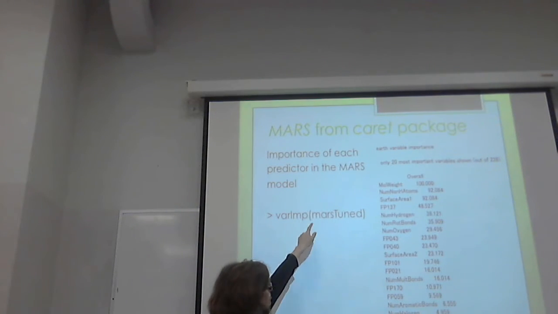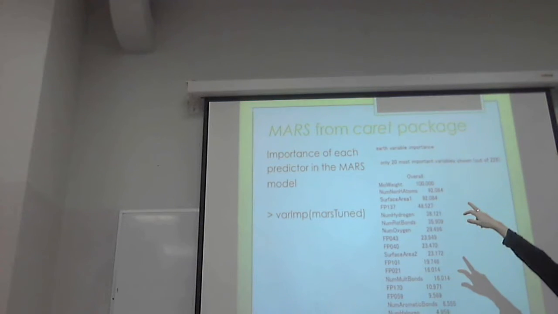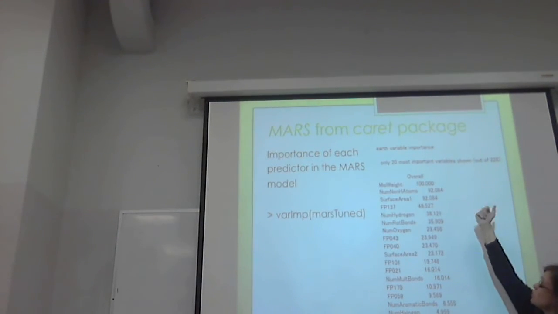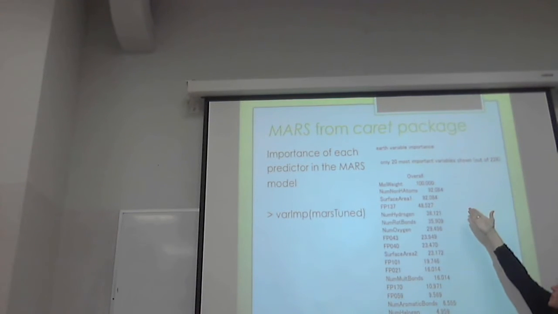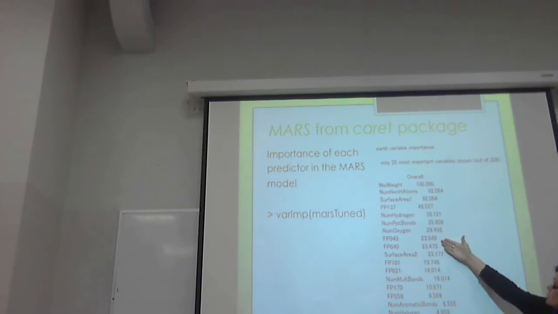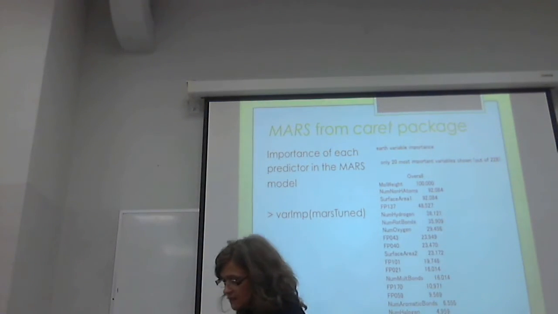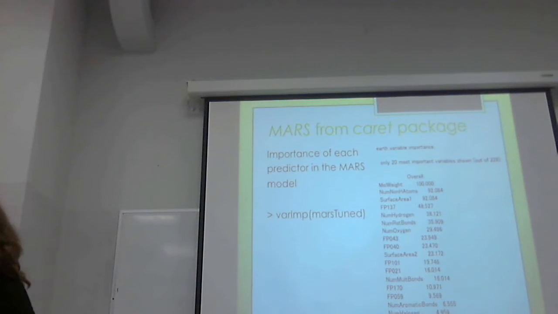Here is the variable importance function. And you can see, for example, that molecular weight is the most important, followed by the number of non-hydrogen atoms, surface area, number of hydrogen, number of oxygen, etc., and downwards. So sometimes it's convenient to run Mars only because of the variable importance analysis.